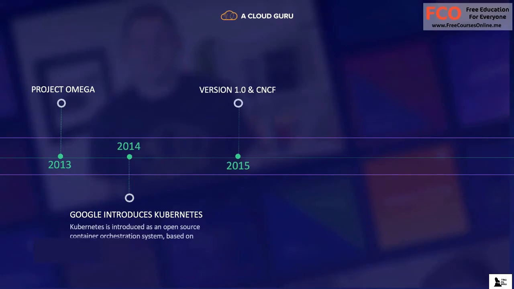Then in 2015, version 1.0 of Kubernetes was released, and along with the Linux Foundation, Google created the Cloud Native Computing Foundation, also known as the CNCF. At that point, many companies joined that ecosystem, and the inaugural KubeCon, or Kubernetes Conference, was held.